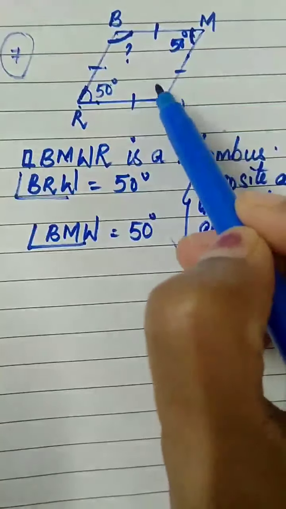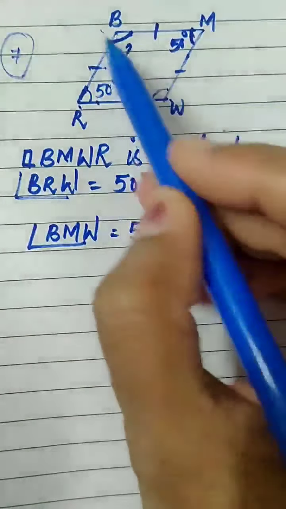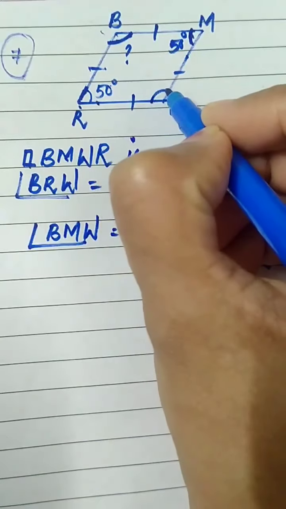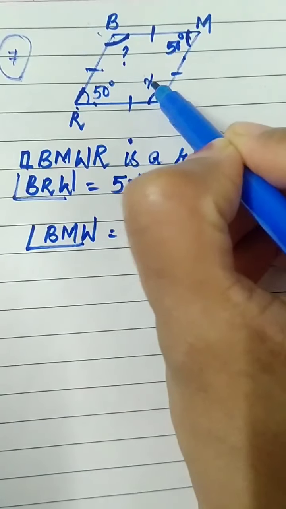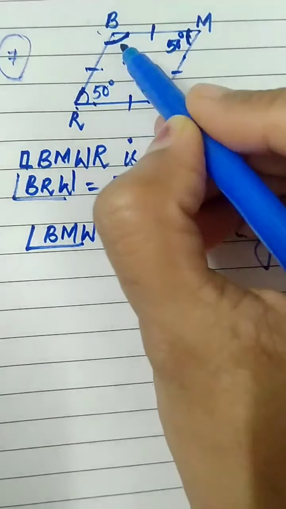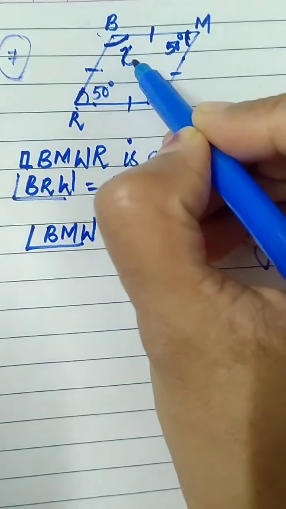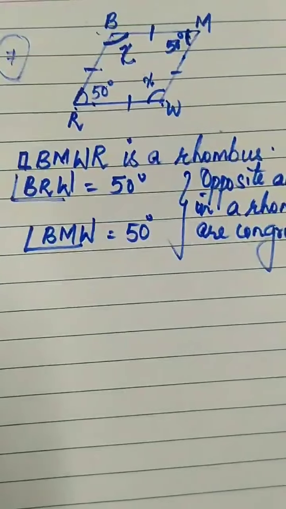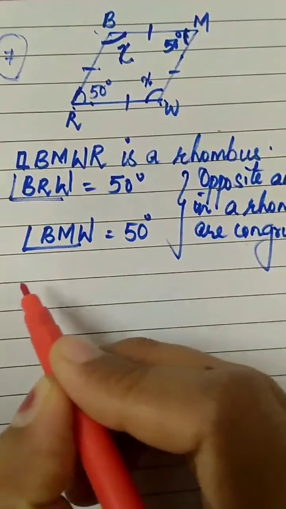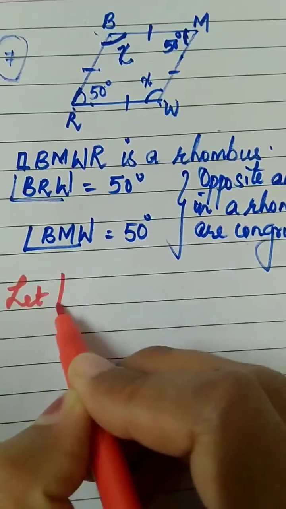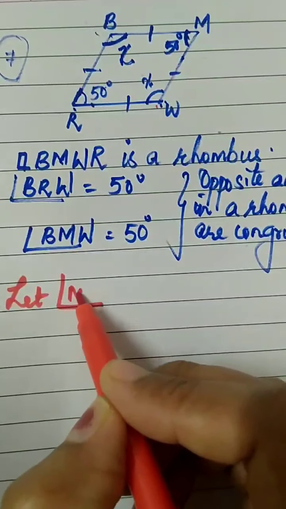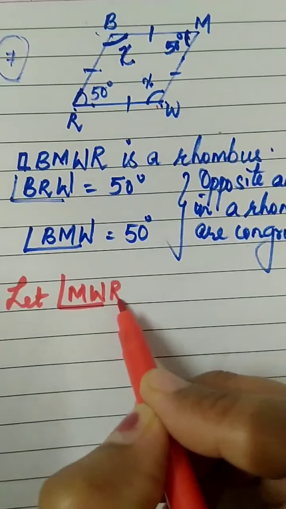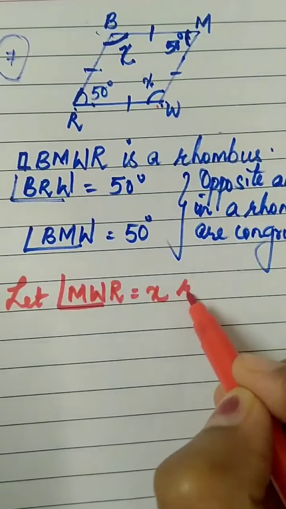Now, what about the remaining pair, that is these two opposite angles? They both will be of equal measure. Let us consider the measure to be x. So, if one angle is x, its opposite angle will also be x. So, we will write, let angle MWR be x.